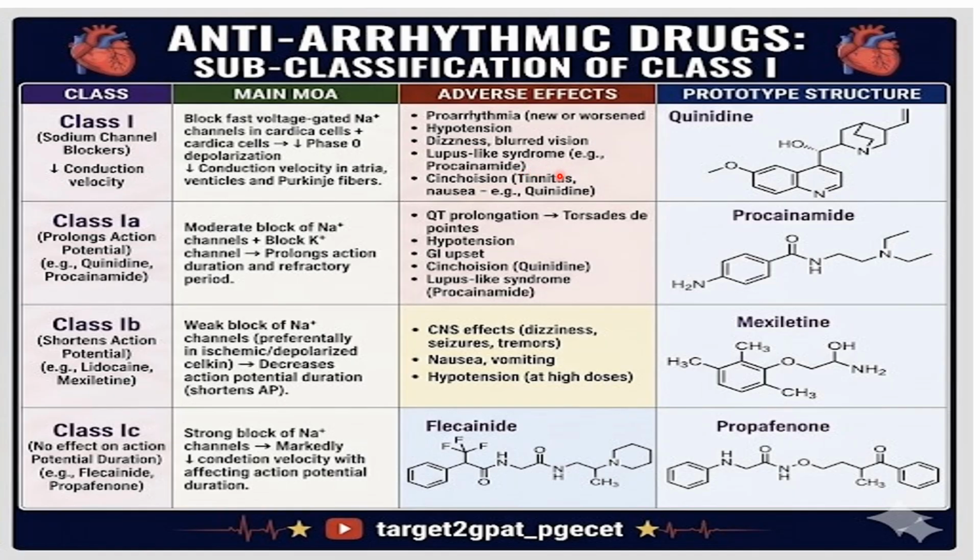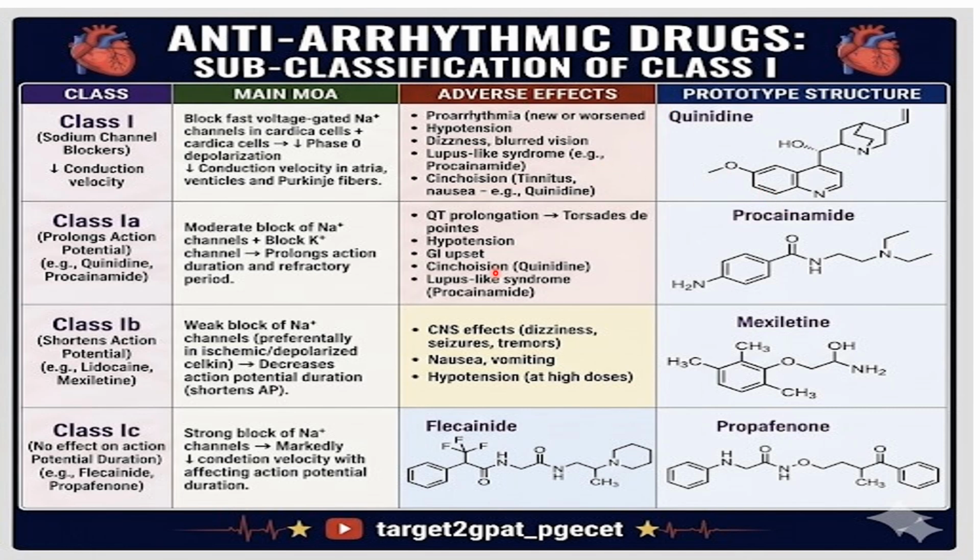The best example of the drug which exhibits lupus-like syndrome is procainamide. Procainamide specifically has the adverse effect of lupus-like syndrome. And cinchonism: you should be aware that quinidine exhibits this because it is from cinchona, so it mainly causes cinchonism and nausea. These are the adverse effects of these two drugs.